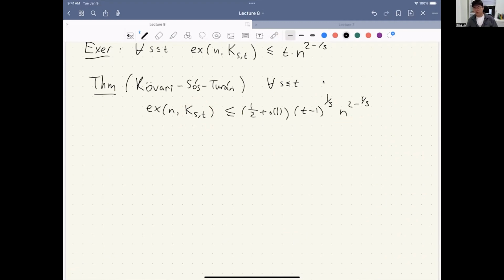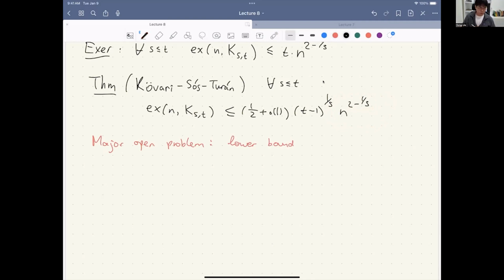One of the major open problems is whether this power is correct: n to the 2 minus 1 over s. Maybe I should use red color. The major open problem is the lower bound.